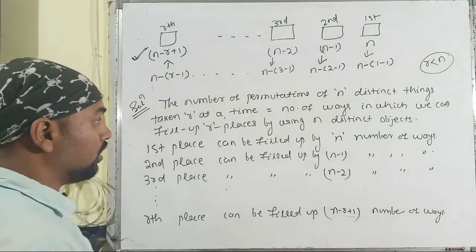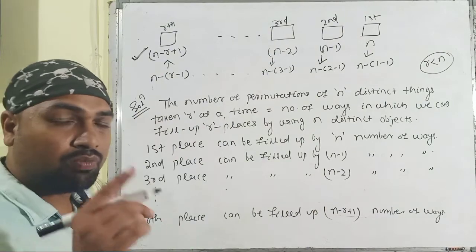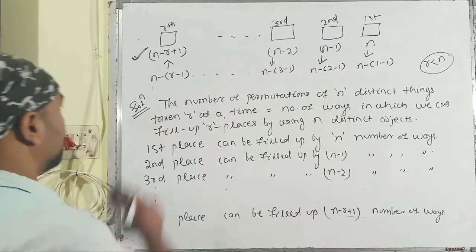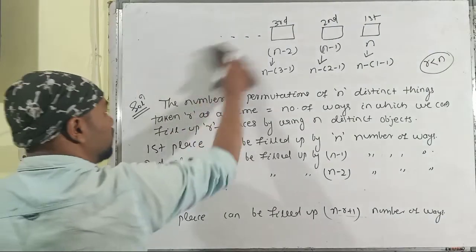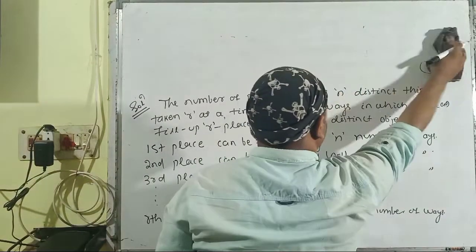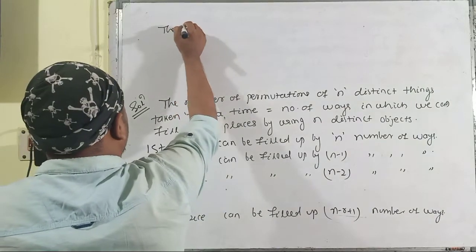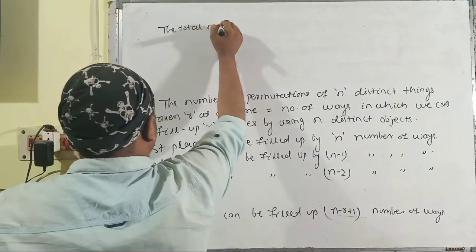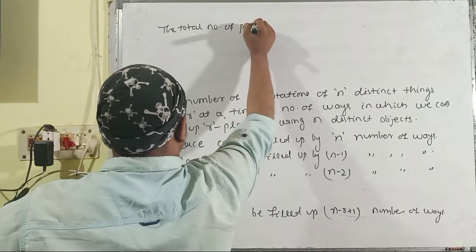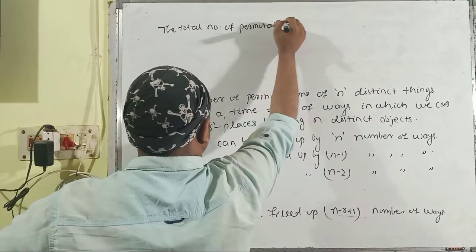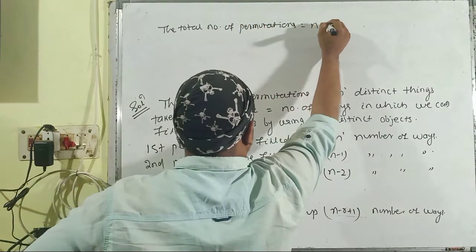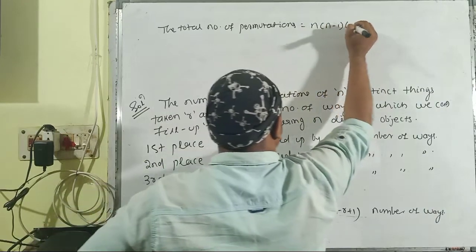So by using the counting principle of multiplication here, the total number of permutations or arrangements is equal to n multiplied with n minus 1.